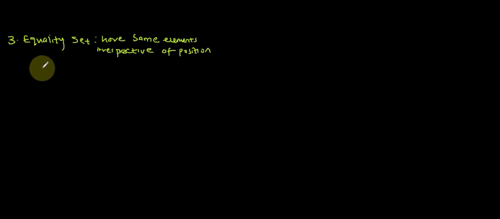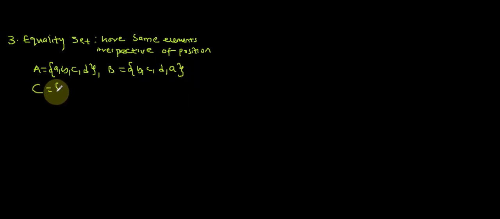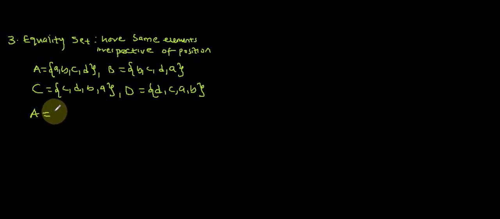For instance, let's say we have a set A equal to A, B, C, D, and we have set B to be equal to B, C, D, A, and we have set C to be equal to C, D, B, A, and we have set D to be equal to D, C, A, B. Now, we can say that A is equal to B, is equal to C, and equal to D. Why?